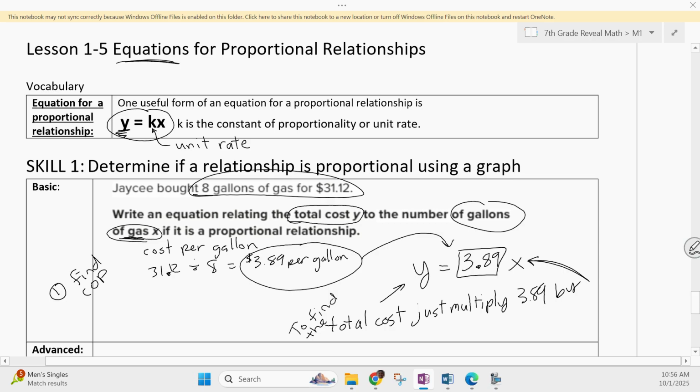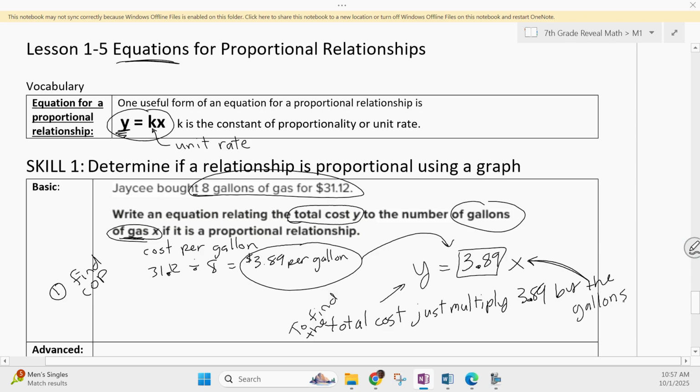No, 3.89 is the unit rate. Up here, guys, what does x represent? The gallons of gas, right? By the gallon. And that's what Connor said. To find how much it would cost for 2 gallons, you just multiply by 3.89.